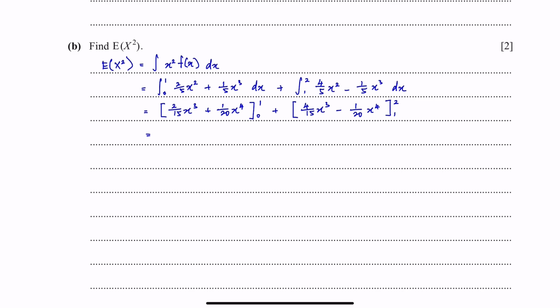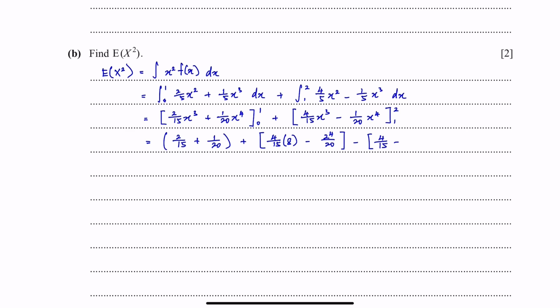So now we sub the values into x and we would get 2 over 15 plus 1 over 20 plus 4 over 15 times 8 minus 2 to the 4 over 20 minus 4 over 15 minus 1 over 20. So this would give us 13 over 10.